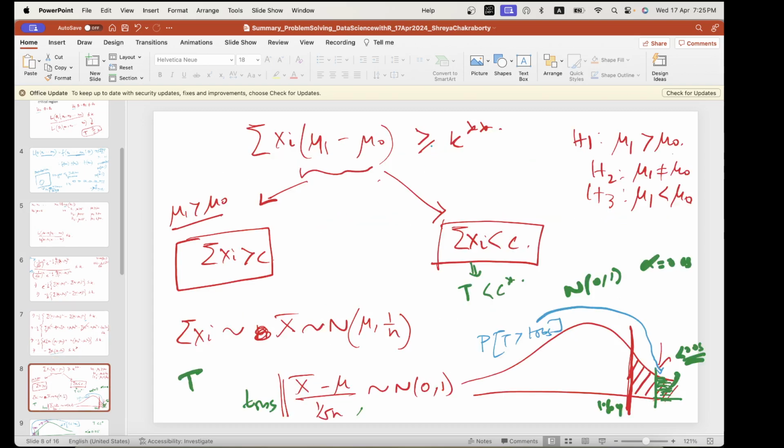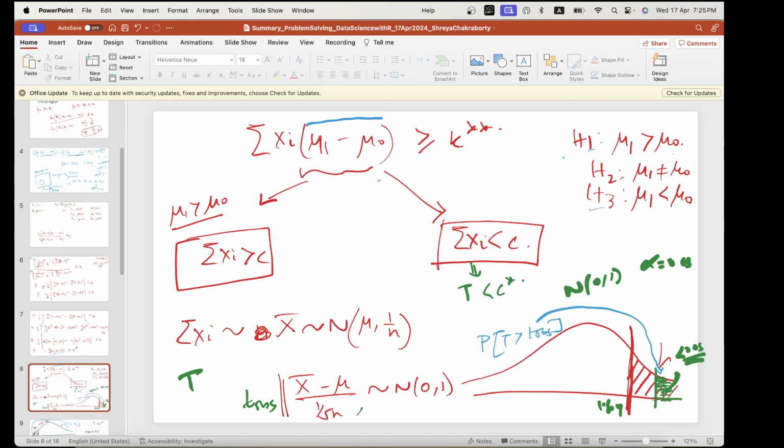Now I'm going to look at my alternate hypothesis. This one says mu1 is greater than mu naught. If that is true, this quantity in blue is actually a positive quantity. So if I move it to the right-hand side, the criteria becomes summation xi greater than c.